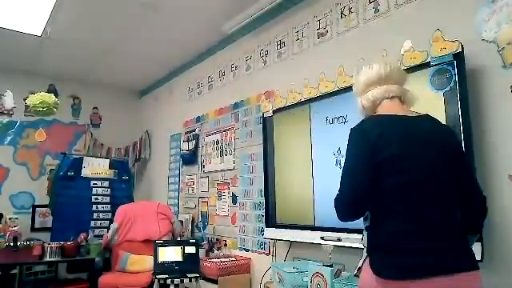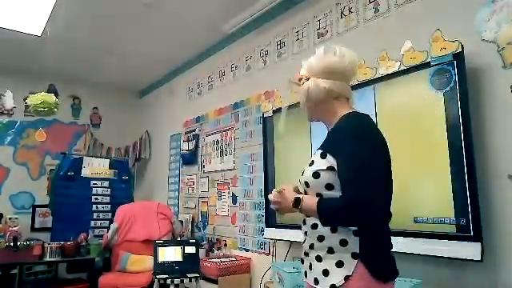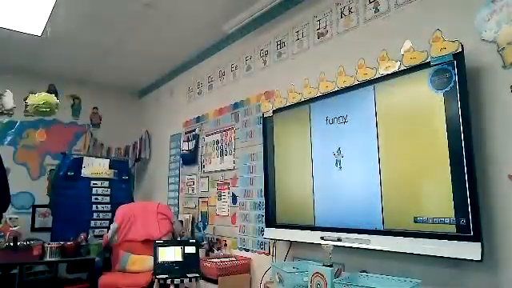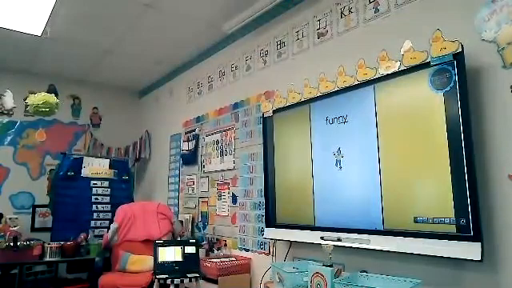Good. Once you get out your picture reader, I would like for you to turn to page 111. What is 111 going to look like? Right, a 1 and a 1 and a 1.